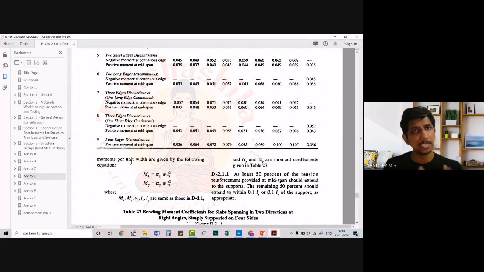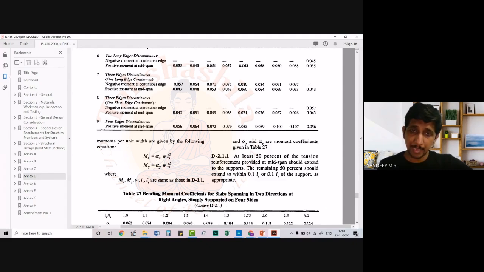We know that when we design a slab, we take the width as 1 meter. So per unit width, the equations are Mx is equal to alpha x into W into Lx square, My is equal to alpha y into W into again Lx square. Mx, My, W, Lx, Ly are the same as shown in D-1.1.